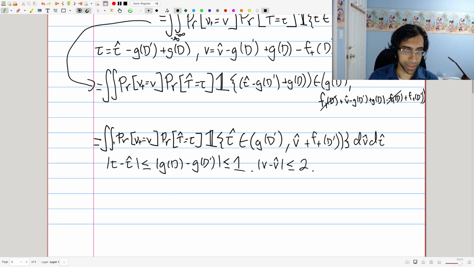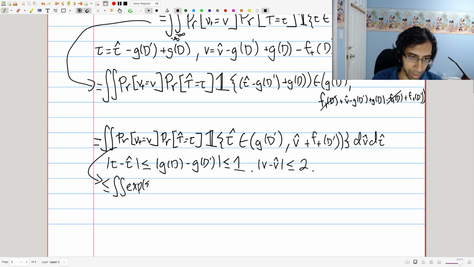With these two things in mind, the idea is that we're going to shift these from being centered around tau and v to being shifted around tau hat and v hat. That's fairly easy to do just using the definition of the Laplace PDF. So this will be overall upper bounded by a double integral, and here we have e to the epsilon over 2 times, now we've switched this from probability equal to v hat.